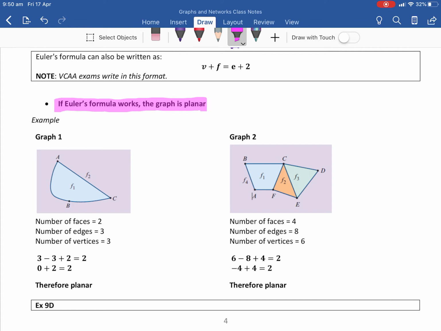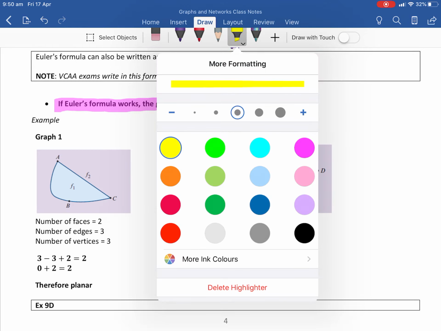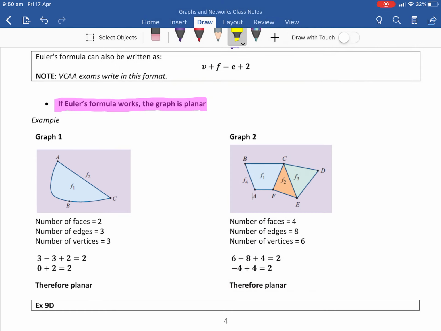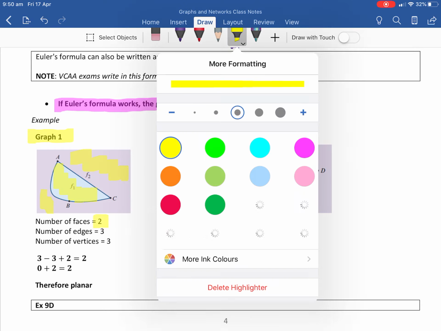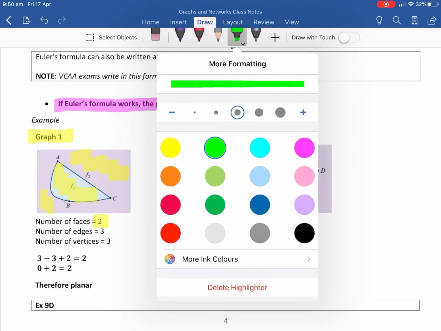So here are some examples. For graph 1, for Euler's formula, you need to know the number of faces. This one has one here and one here, so it's 2. Then you need the number of edges.